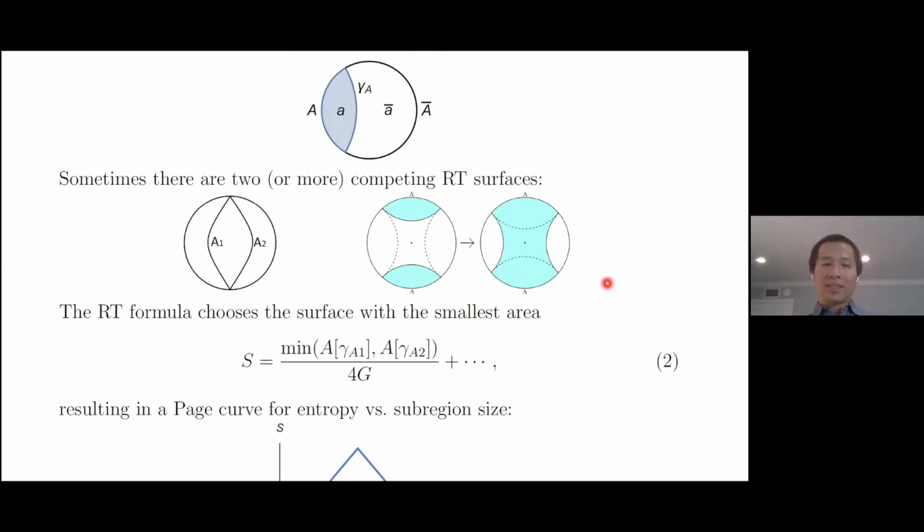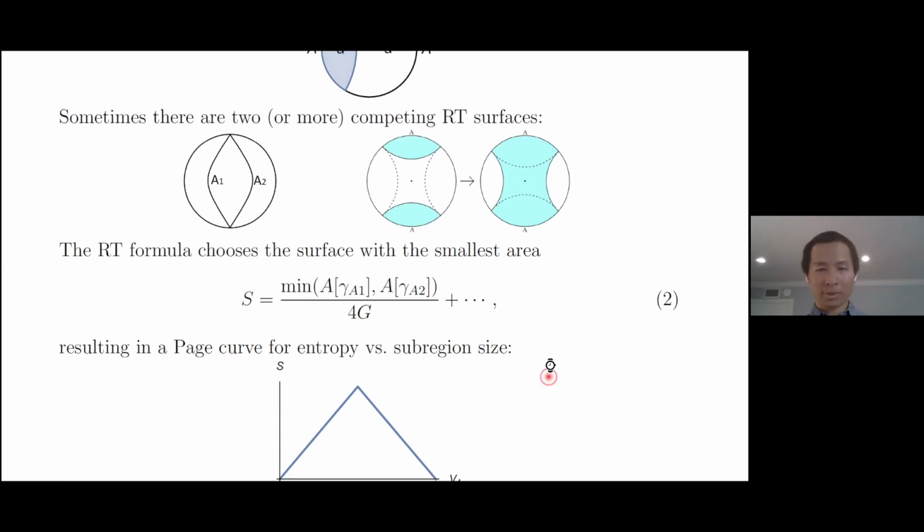According to the Ryu-Takayanagi formula, what we should do when we have two competing RT surfaces is to choose the one with a smaller area. So we would simply look at the area of the first RT surface, gamma A1, and then the area of the second RT surface, gamma A2, and then choose the minimal one.